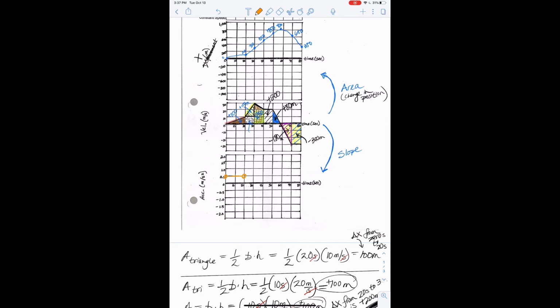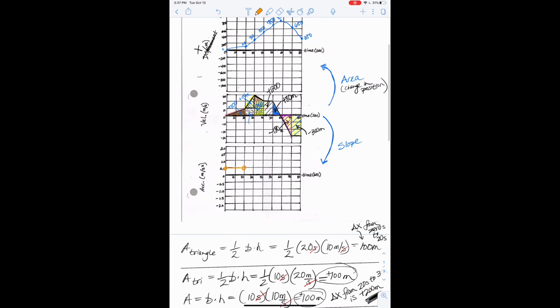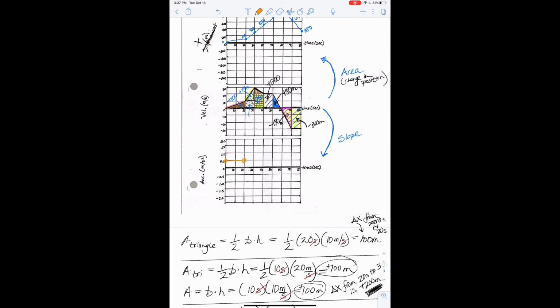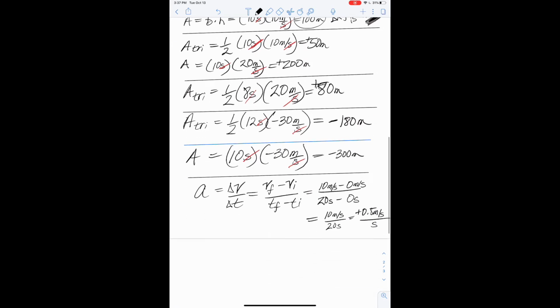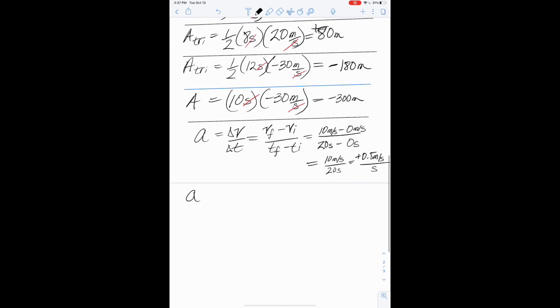All right, so, okay, good. Let's get that next slope, that yellow slope, and it looks a little steeper. So let's go ahead and move back down here. So this is from, I think, 20 to 30, right? We're doing the same thing as before, VF minus VI over TF minus TI.